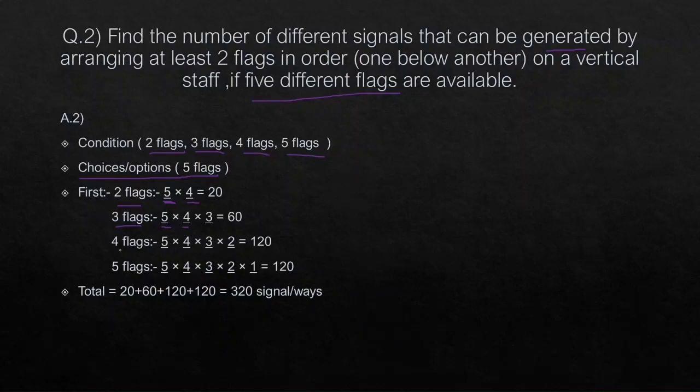And the same is the case for the signal with 4 flags and 5 flags. Here focus that the answer will be the same, 120 and 120. Now we'll just sum these up so that we can get the final answer, which is 320 ways in which we can arrange at least 2 flags to create signals.